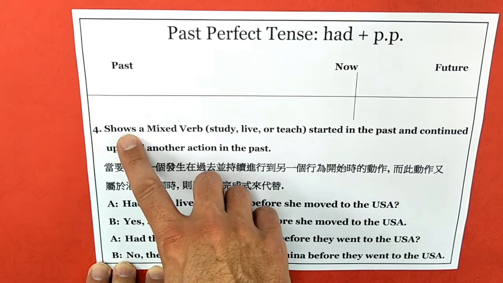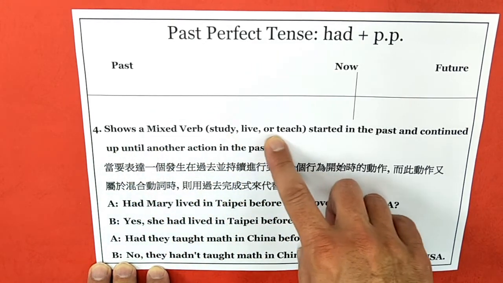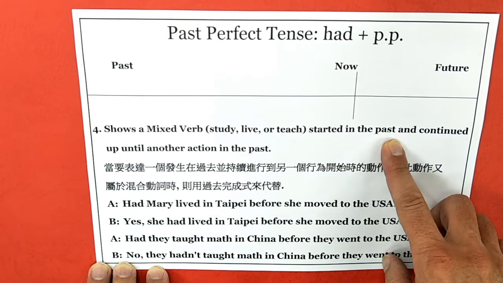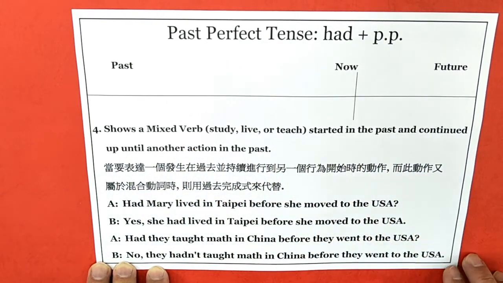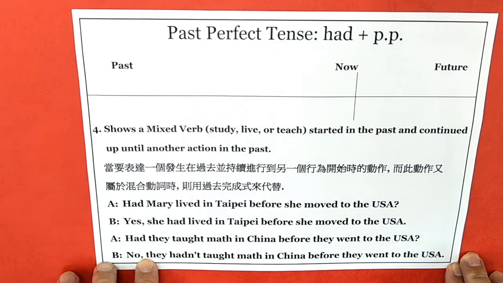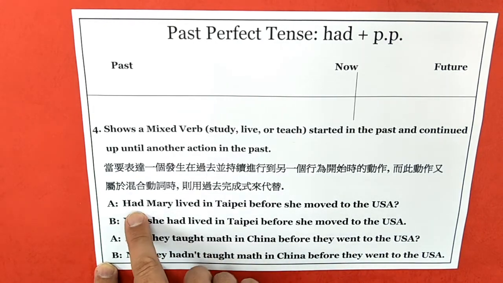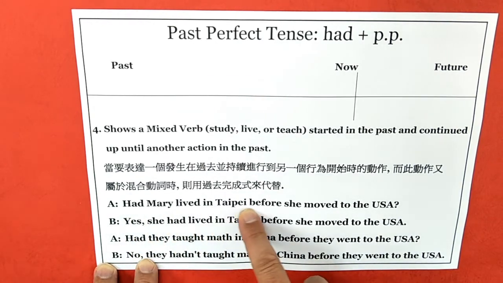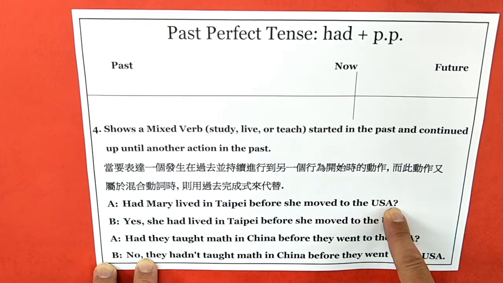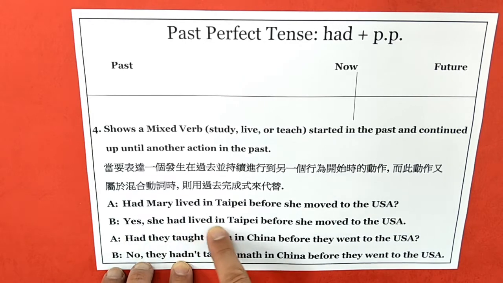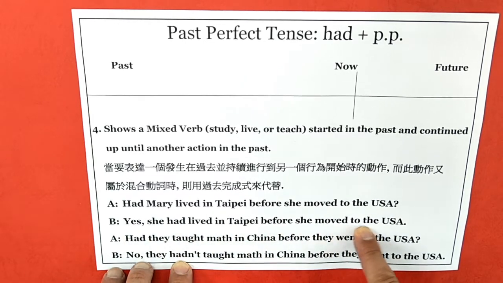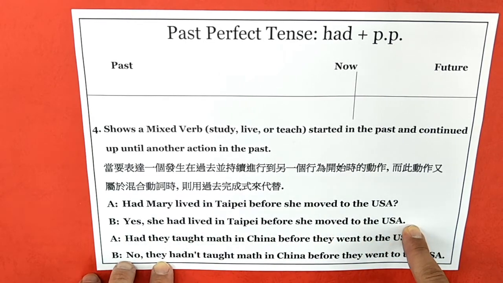So number 4, shows a mixed verb, study, live, or teach, started in the past and continued up until another action in the past. All right, so let's read the sentence. Had Mary lived in Taipei before she moved to the U.S.? Okay? Yes, she had lived in Taipei before she moved to the U.S.